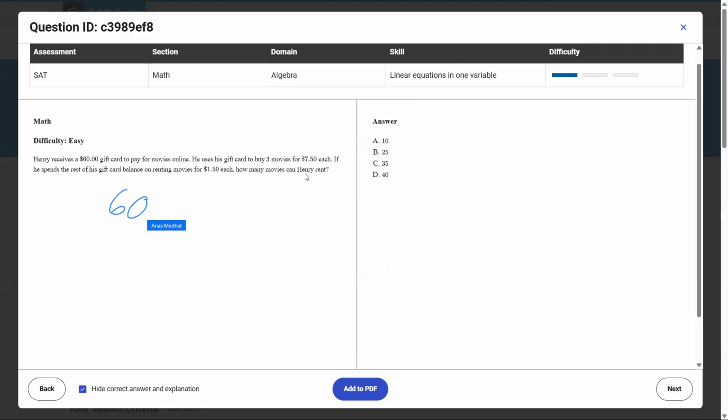He used $7.5, so 52.5 remained. Now let's calculate how many movies can he rent. 52.5 divided by 1.5 will give you 35. So he can rent 35.